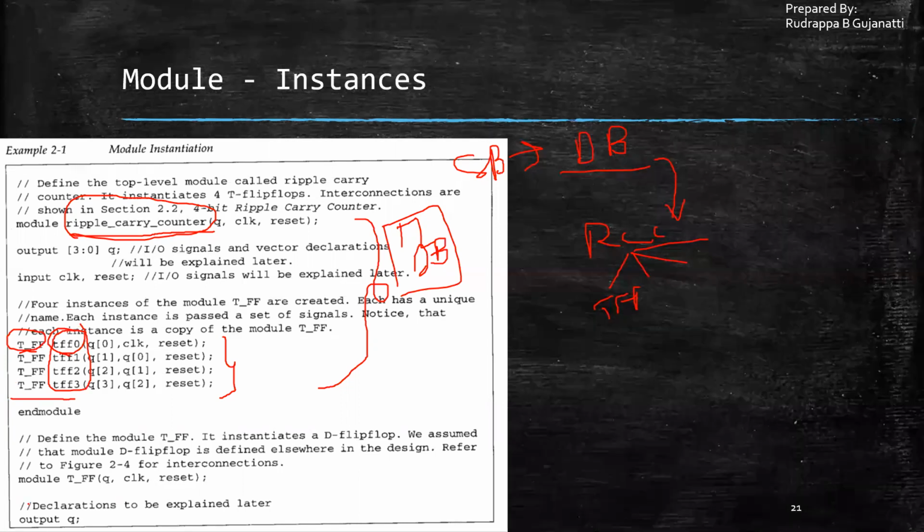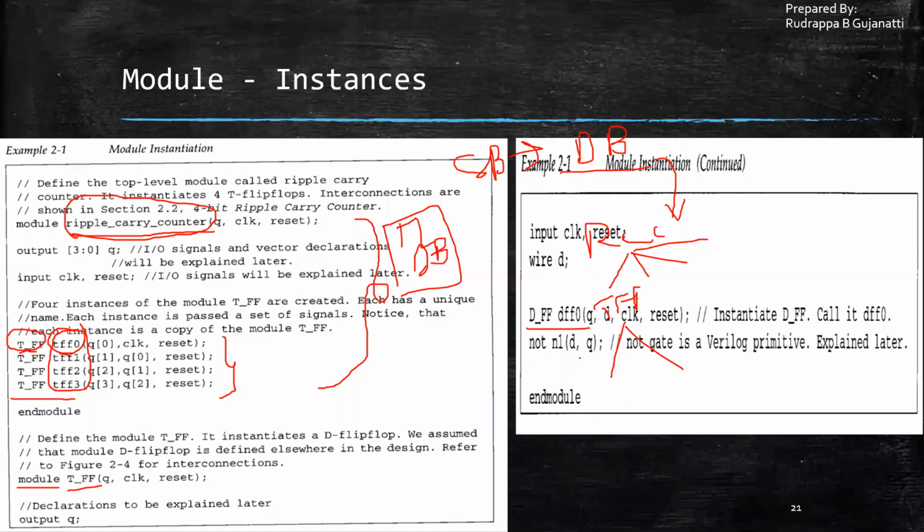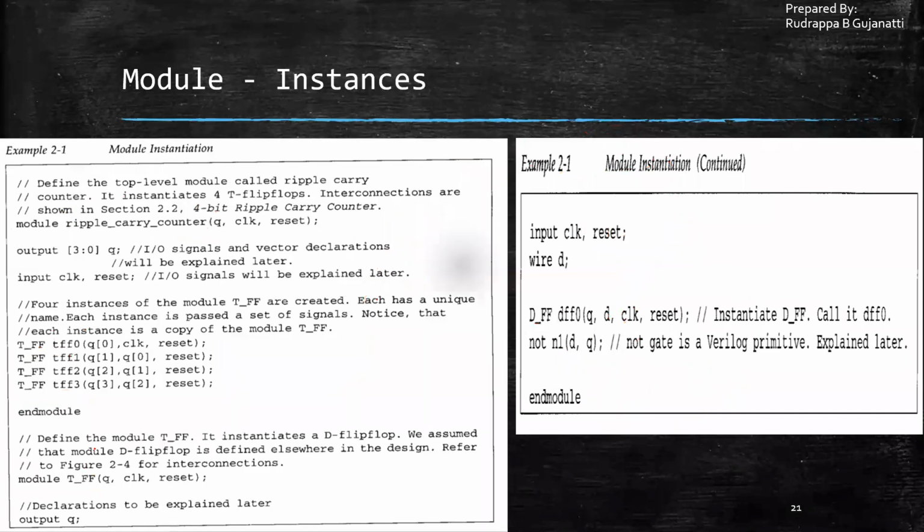The T flip flop itself is again declared as a module over here, and it is again divided into two: a D flip flop and a NOT, or an inverter. This is how the design approach is observed in the example we are discussing.